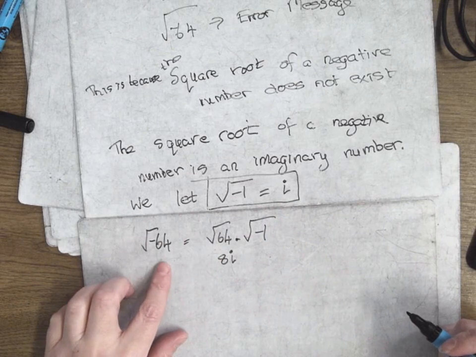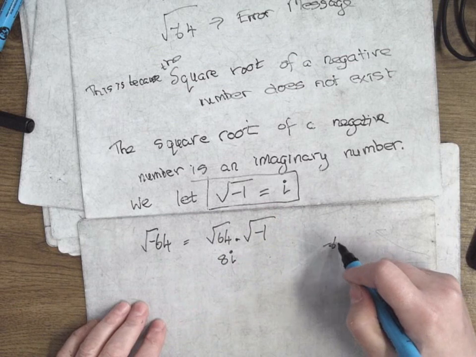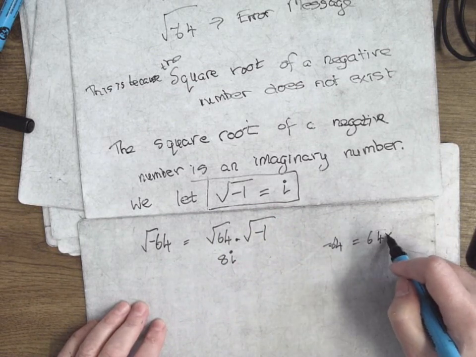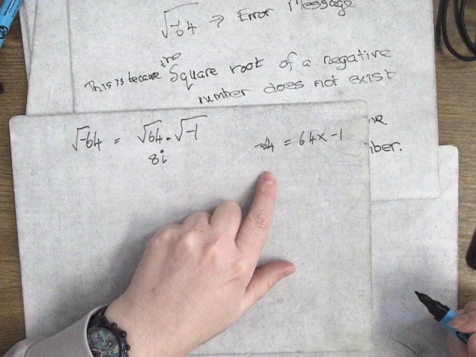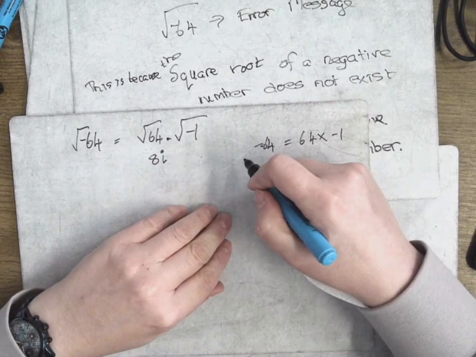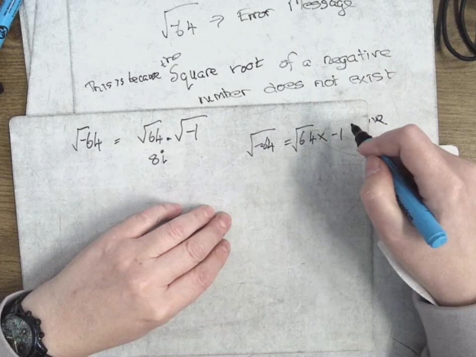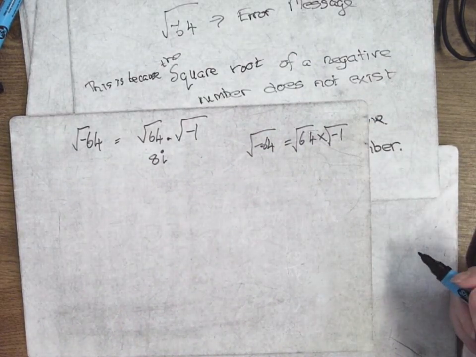So the square root of -64: -64 is the same as 64 multiplied by -1. Would you agree? So the square root of -64 is equal to the square root of 64 multiplied by the square root of -1.